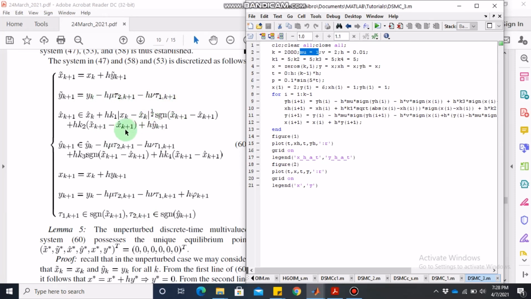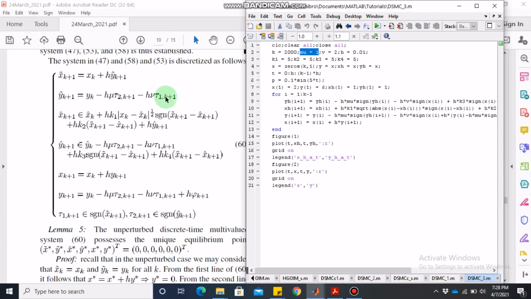But anyways, giving you an example, here it is. So y tilde is used in x tilde, and then x tilde is used in the tau 1 k plus 1, but tau 1 k plus 1 uses x tilde, which appears in y tilde.